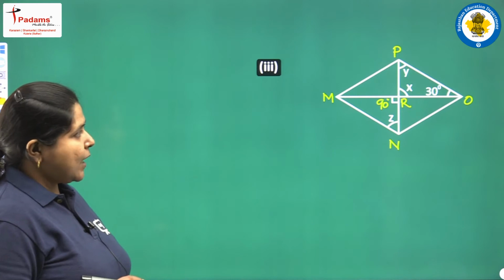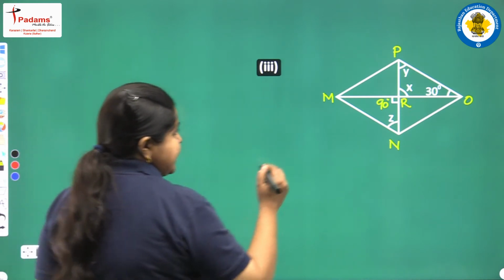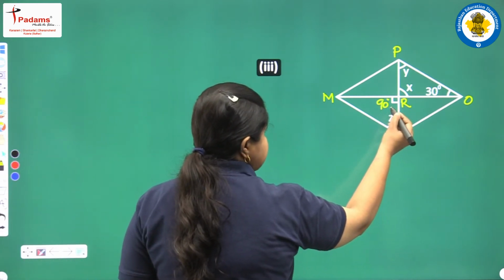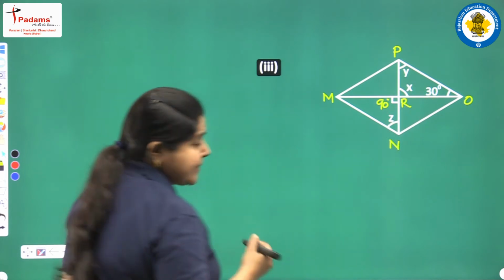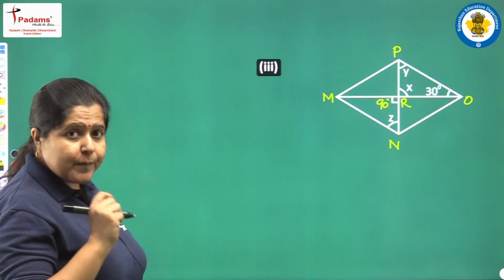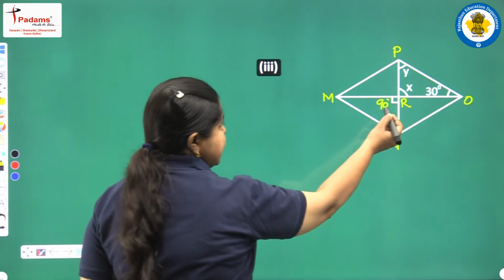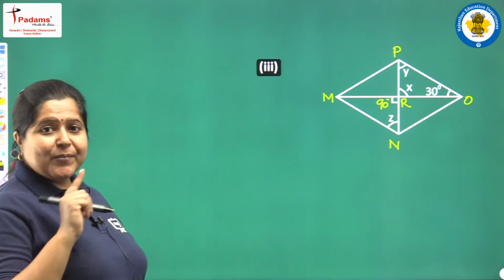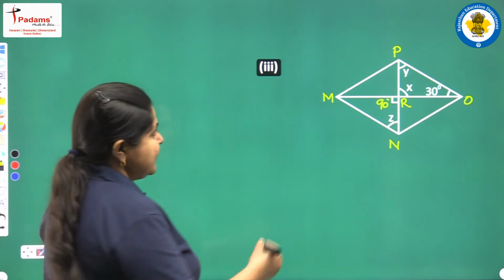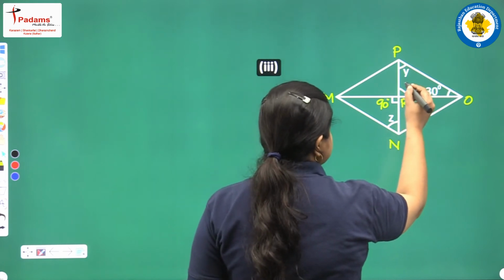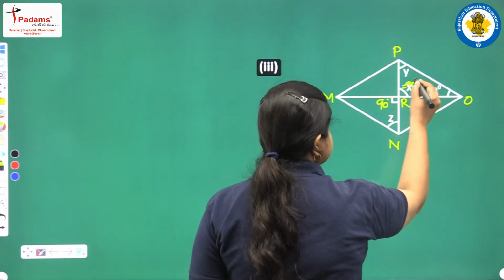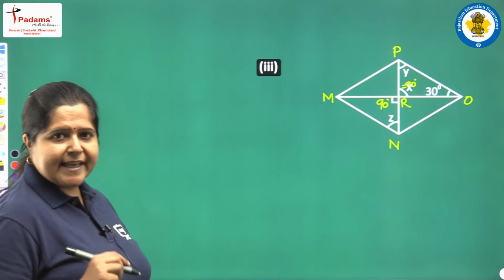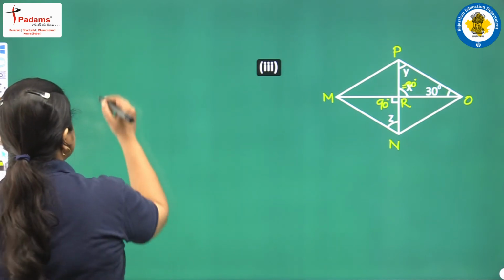Okay. Now you can easily visualize that this angle is 90 degree and this x is the vertically opposite angle of this 90 degree angle. So they both will be equal. If this is 90, then this x will also be equal to 90 degree. Vertically opposite angles. Let us write it here.